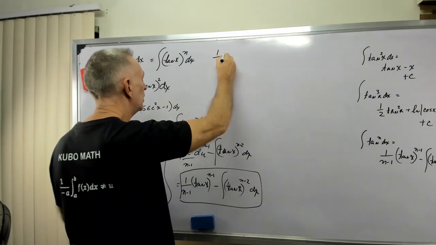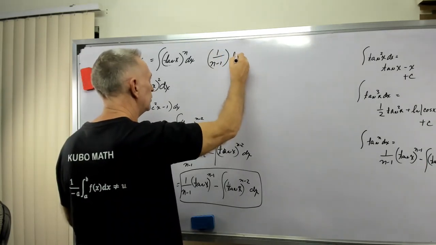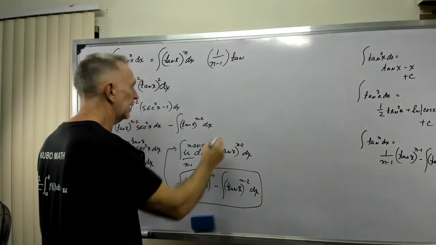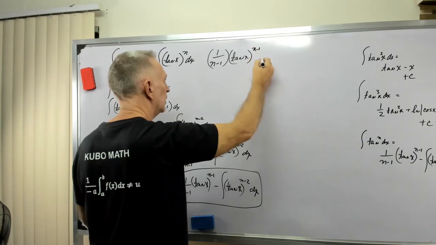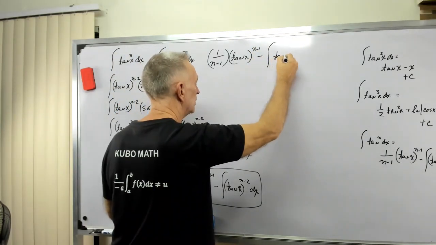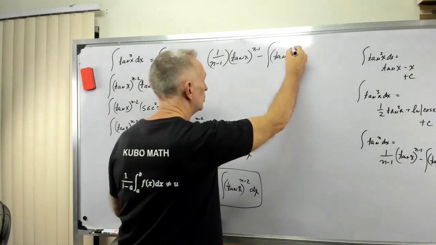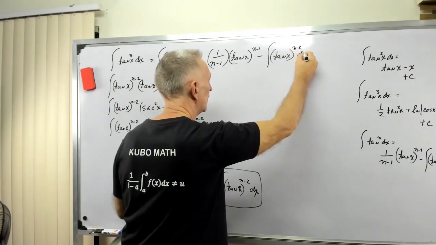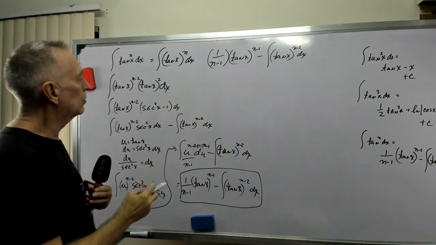We have 1 over n minus 1 tangent x to the n minus 1, minus the integral of tangent x raised to the n minus 2 dx. Okay, so let's let n equal 2.